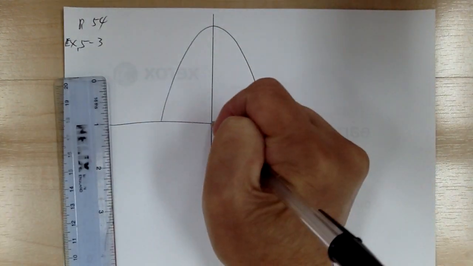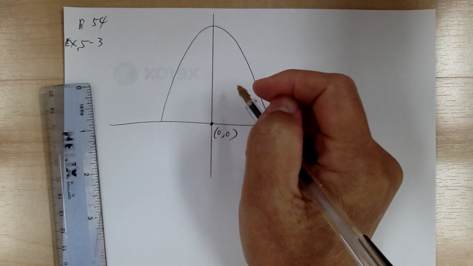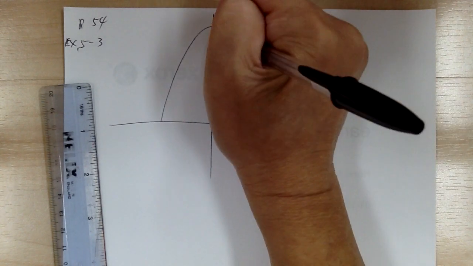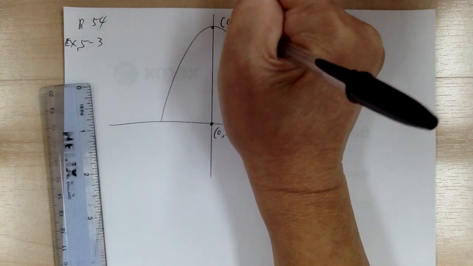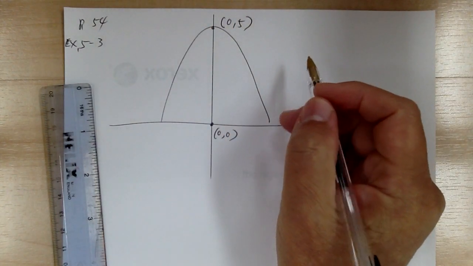So over here they use this point as the origin. Again, if you read through, it says the arch is 5 feet tall at the center, so this point would be 0, 5. And it's 6 feet wide at the base.